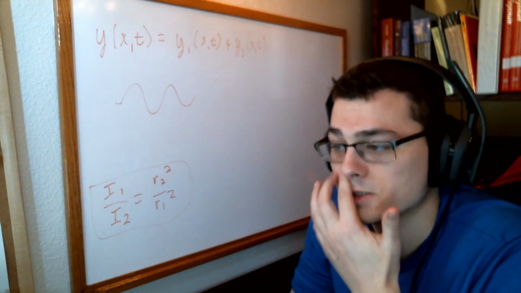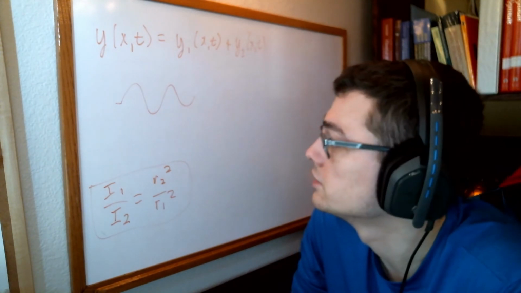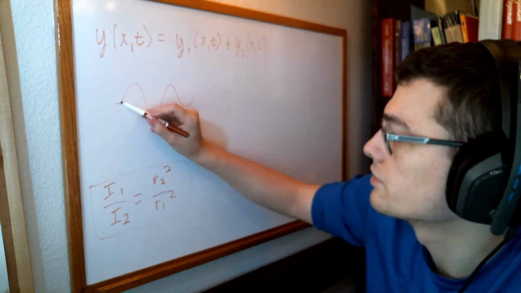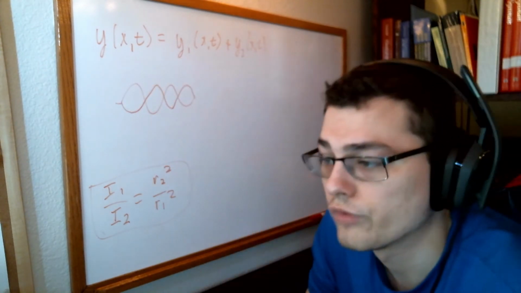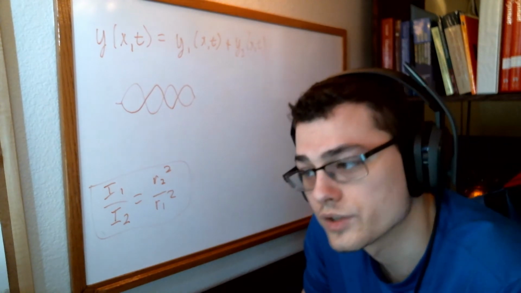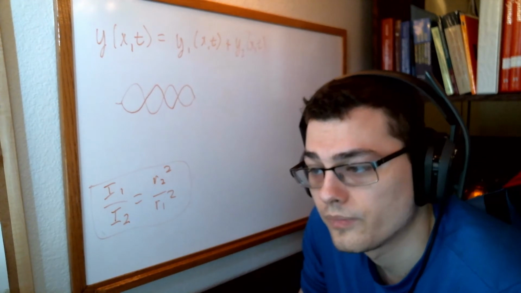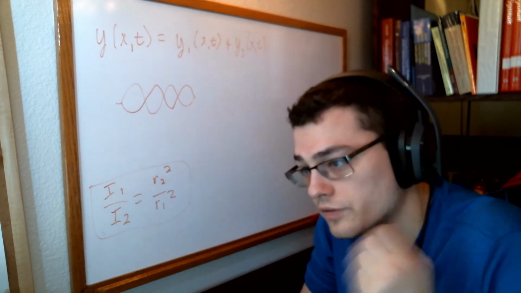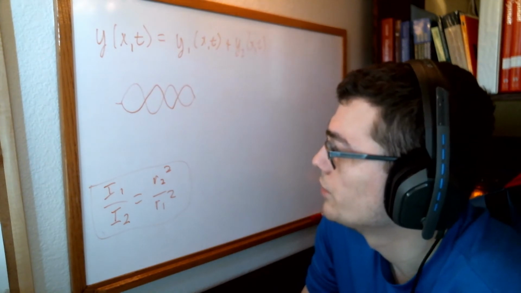So at certain points, you're going to end up getting different nodes. This is basically just a superposition. If you give this enough energy, you'll end up getting a whole bunch of different nodes.